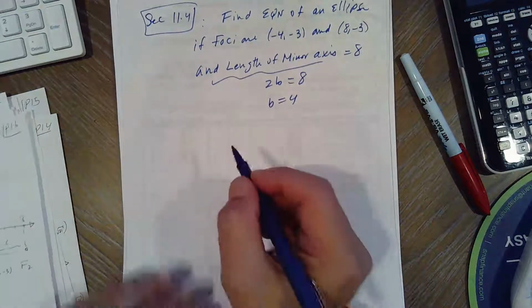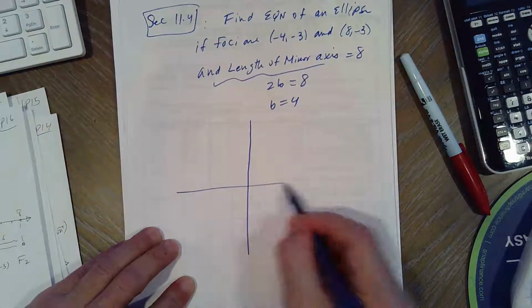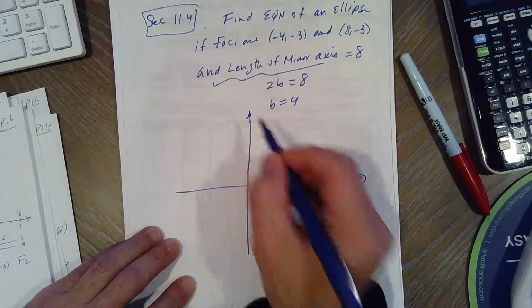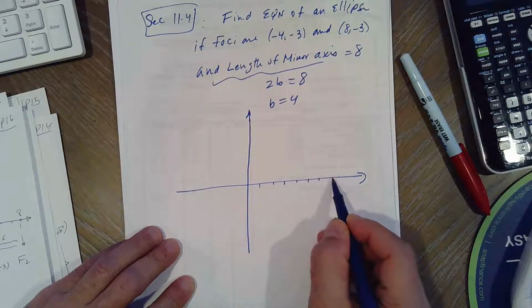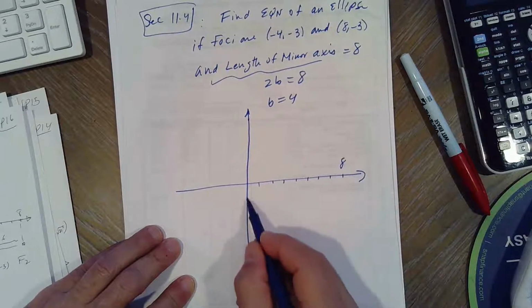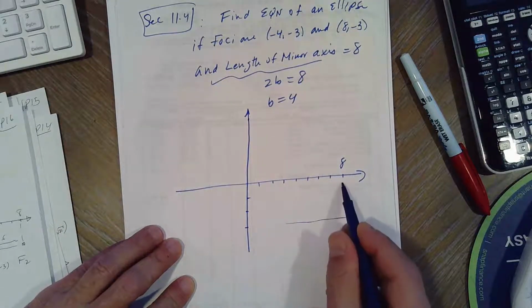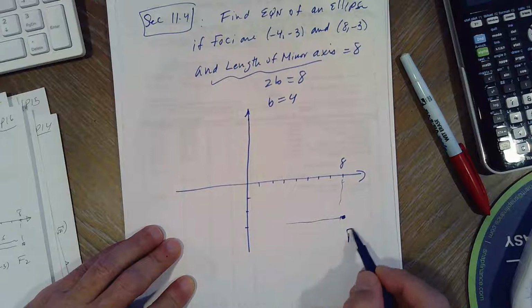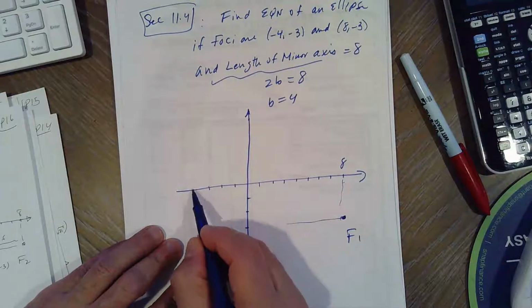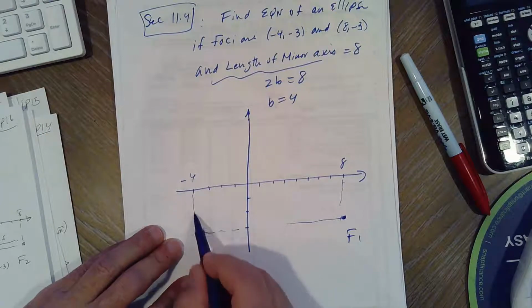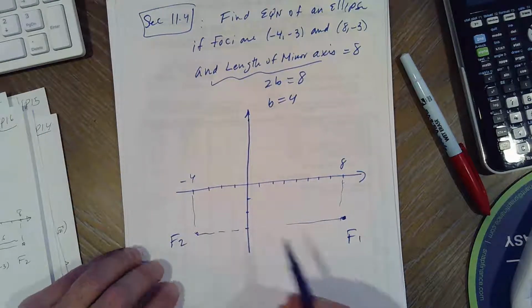Okay, so let's just get an idea what we're talking about here. We have two foci, one at 8, -3, and one at -4, -3. So obviously the center is not at 0, 0.